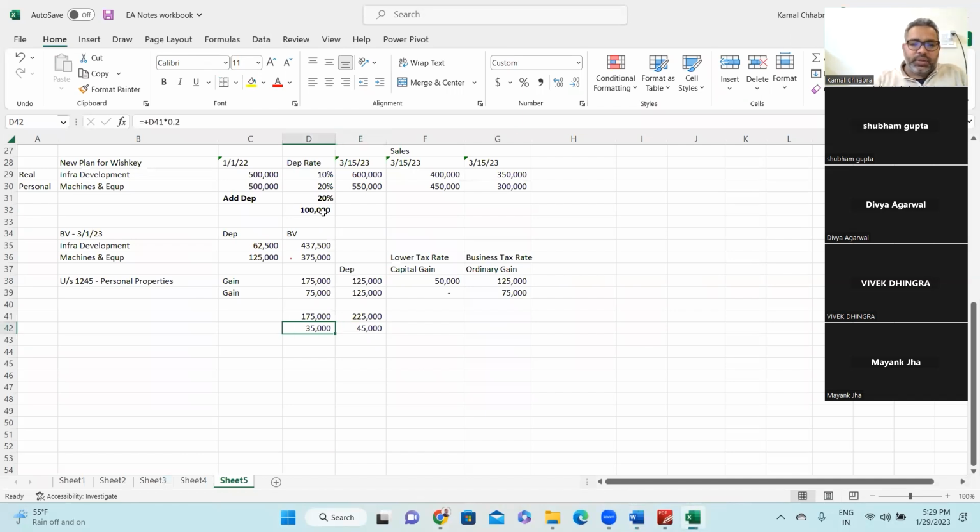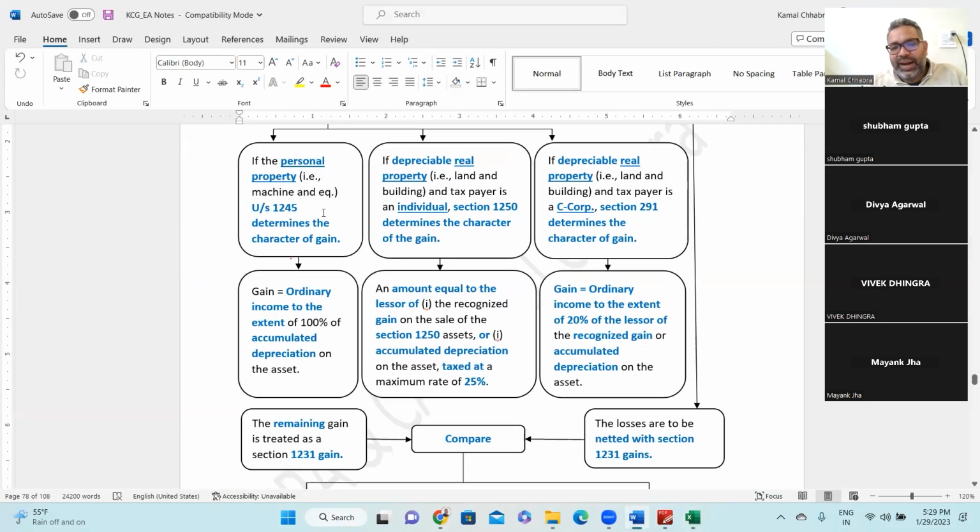So this 35,000, which is the lower of 20% of the gain or the accumulated depreciation, you can consider to that extent as ordinary income. So these are all three phases or three categories of gain.